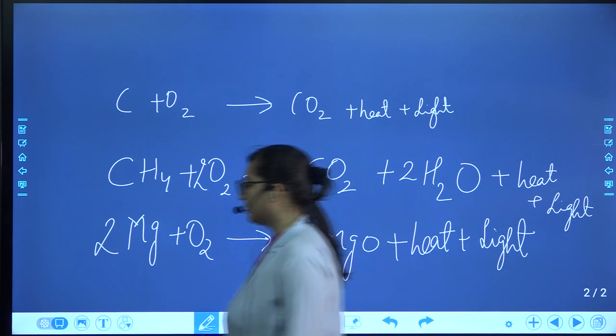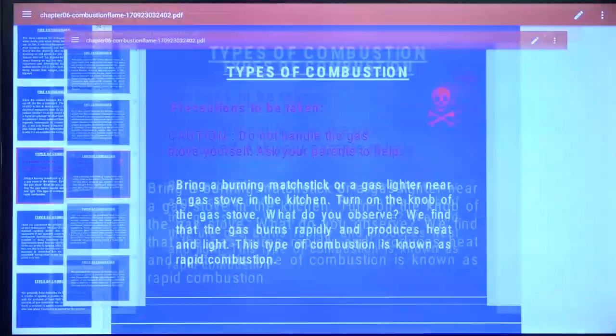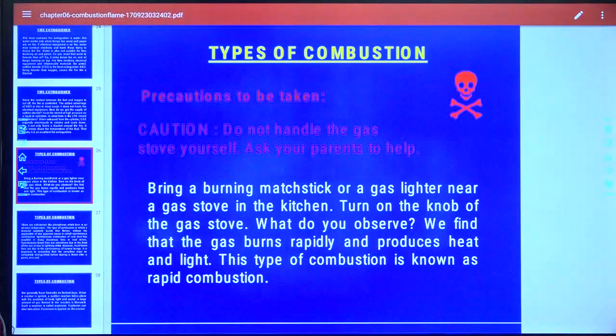Reactions are so important. Now coming to the next part, types of combustion, which we have already done, but let's see some more enriched knowledge about it.